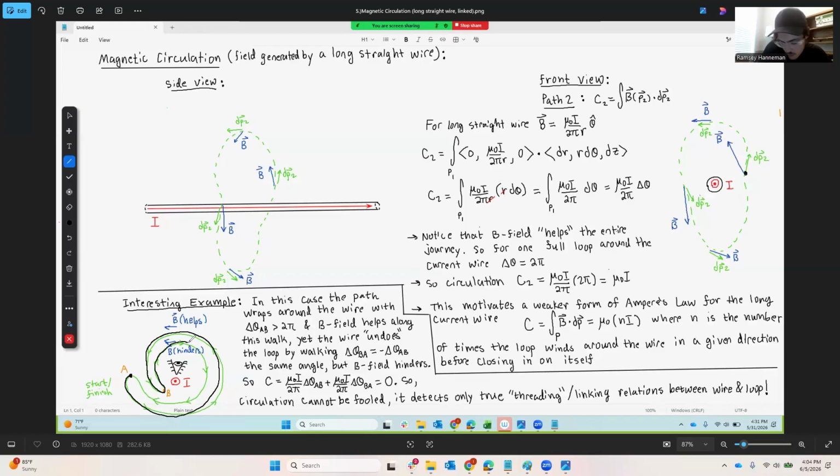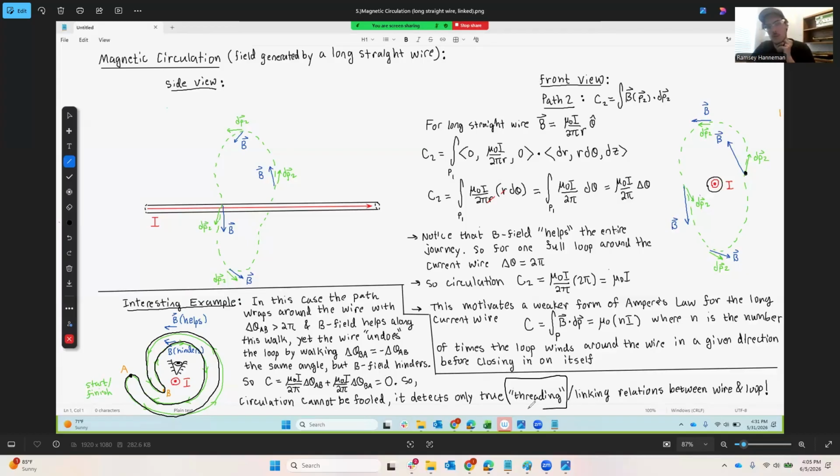Now the field hinders, hinders, hinders, hinders all the way back till we get to point A. So in this case, we've certainly walked around the wire once. We've also walked the other way around the wire to get back to where we were. Right. So the circulation is still zero. The circulation is not going to be foolable here. It only detects true threading.